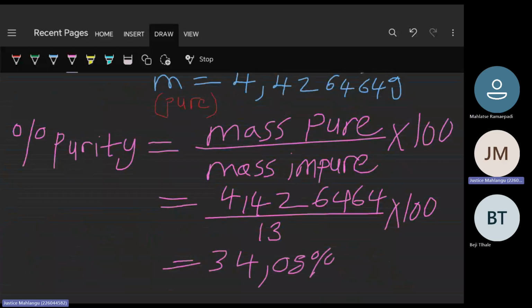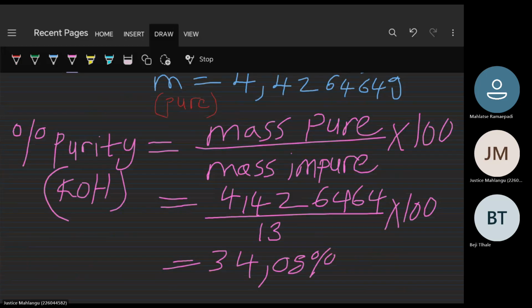So this is the percentage purity of potassium hydroxide. We have only 34,05 that is pure. So if you subtract 100 minus 34,05, you will get the impurities, the ones that we don't want.